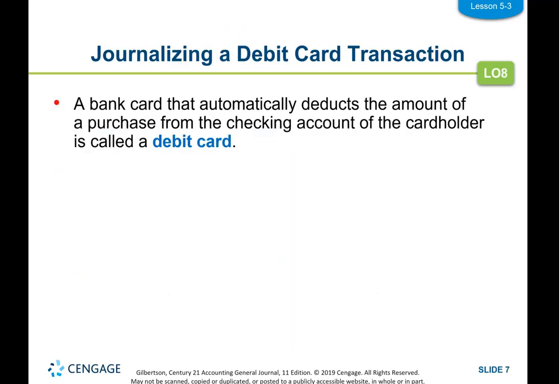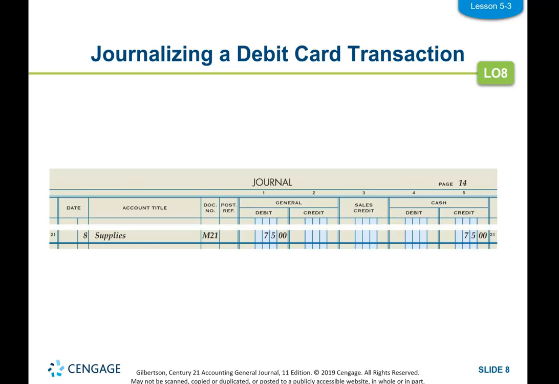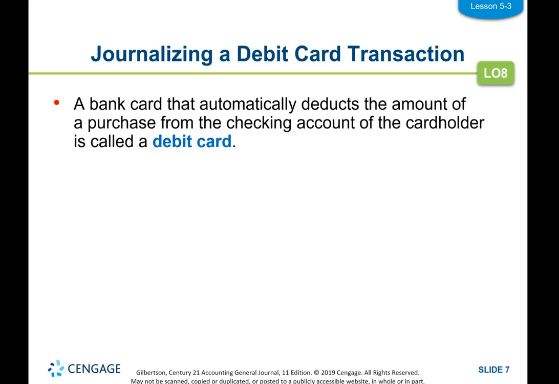All right, journalizing a debit card transaction. A bank card that automatically deducts the amount of purchase from a checking account of the cardholder is called a debit card. You can use a debit card much in the same way you would write a check or use a credit card.